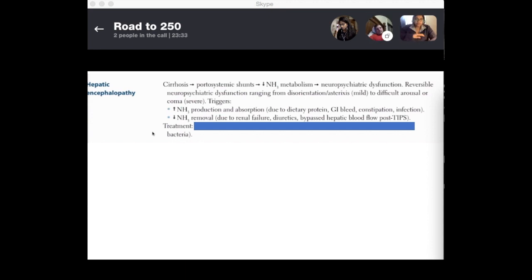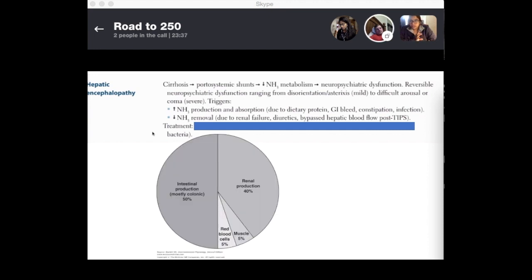So, if you actually hit one more time, we have most of the ammonia in our body. This is where it comes from, either intestinal production, which is about 50% of where our ammonia is produced, or renal production, which is another major source of the ammonia in our body.